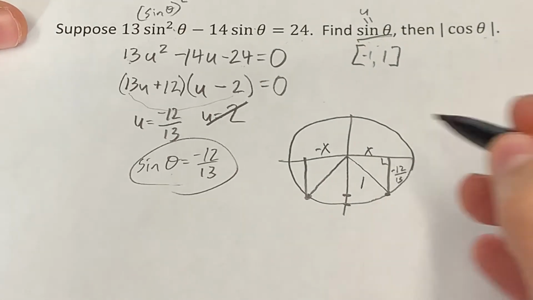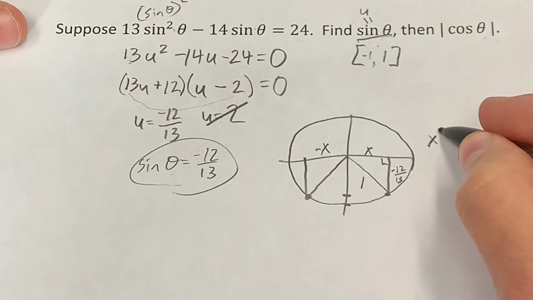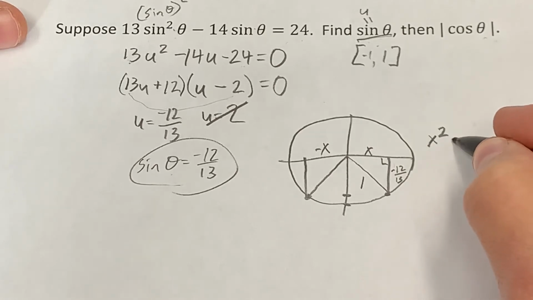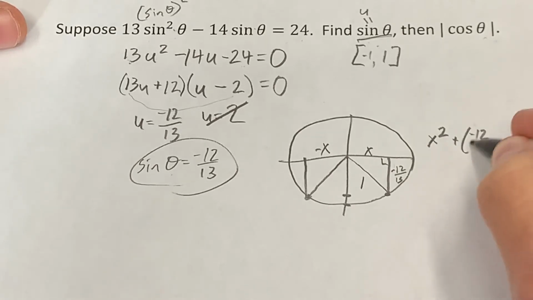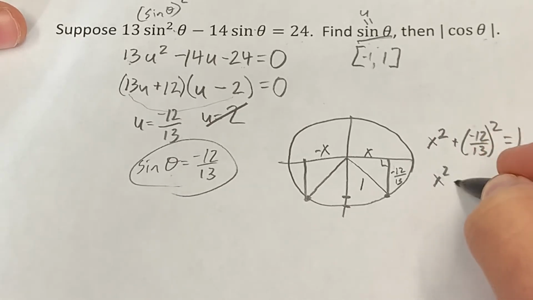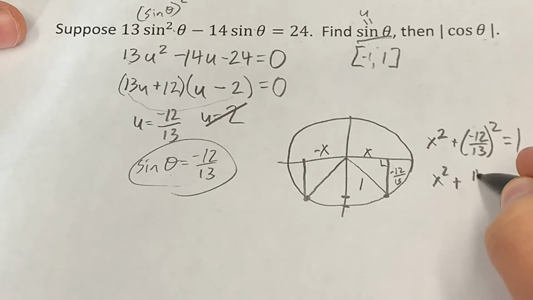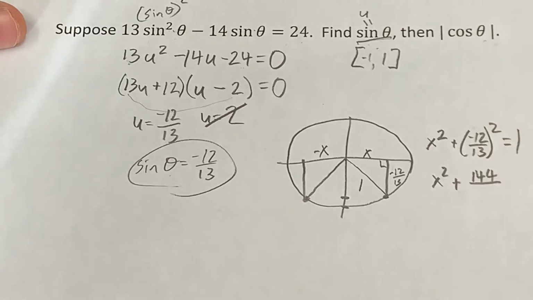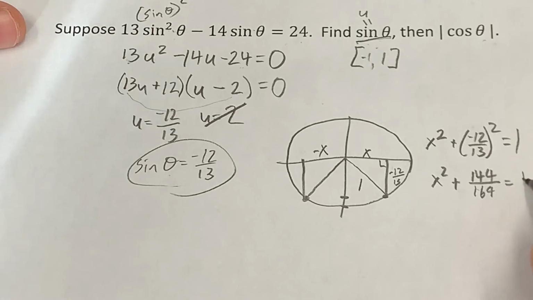Luckily, old Pythagoras made a nice little theorem for us. X squared plus -12 thirteenths squared equals 1. So 12 squared is 144. 13 squared is 169. Let me write this as 169 169ths.